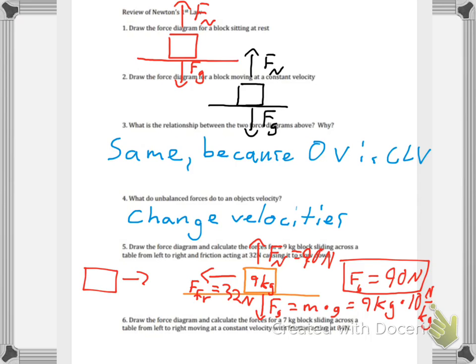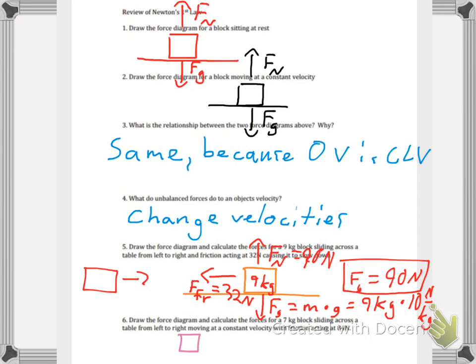And number 6, draw the force diagram and calculate the forces for a 7 kilogram block sliding across the table left to right at a constant velocity with friction acting at 84 newtons. So here, we've got a block. I didn't give myself a lot of room to draw the forces here, but that's okay.